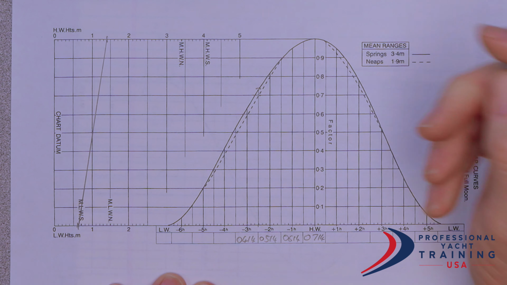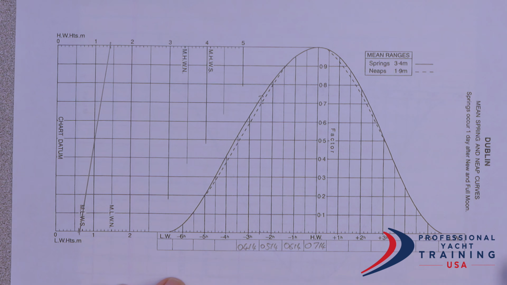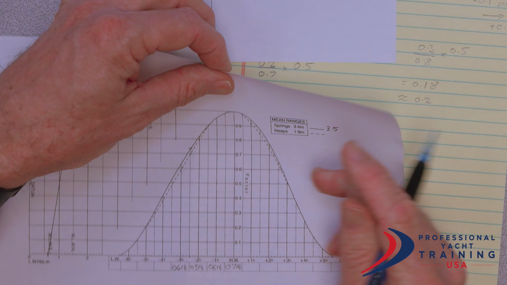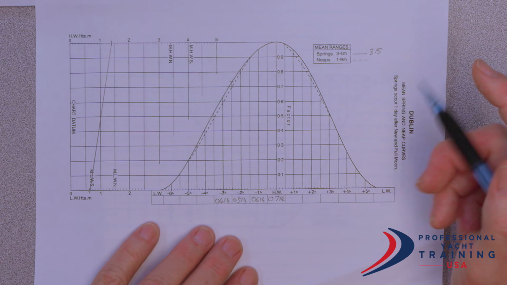Okay, where are we now? Okay, are we at springs or neaps? This is a little trick. Range 3.5. I can see that if my range is 3.5, we are above the spring range, so we are going to be at springs, which is the solid line.